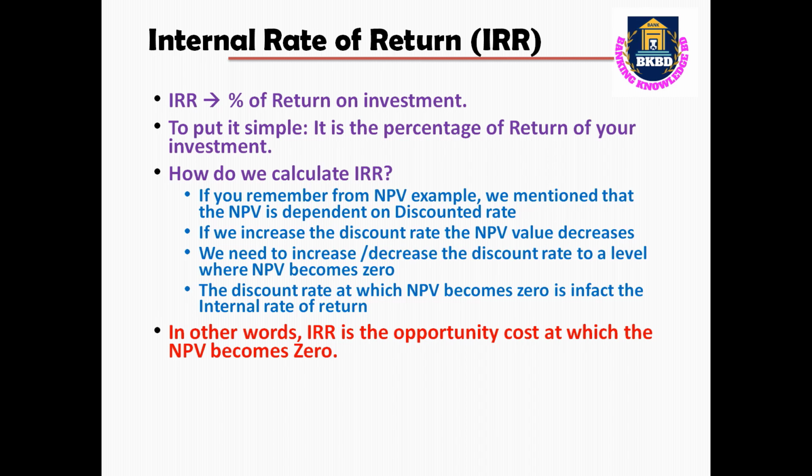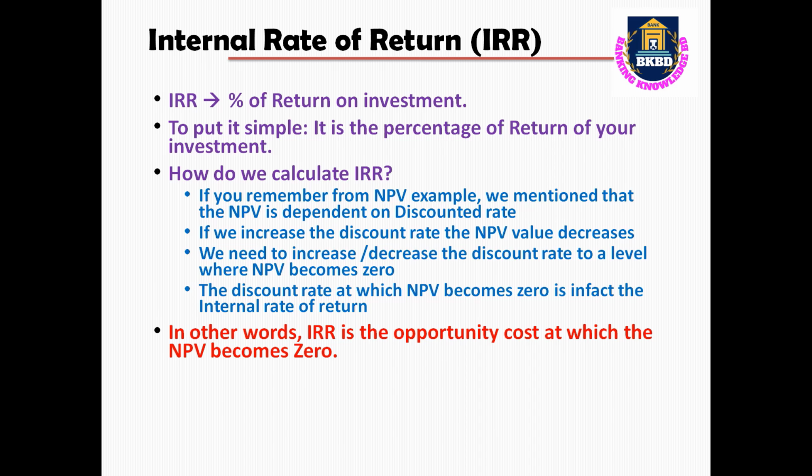Okay, so from the slide, we can say that the IRR means the break-even point where the NPV becomes 0, I mean net present value becomes 0. So when we increase the discount rate, the NPV value decreases. So we have to increase and decrease the discount rate on a trial and error basis to find out the IRR, internal rate of return.